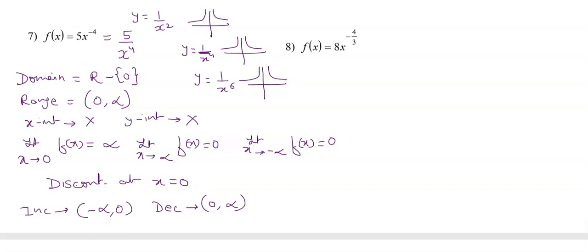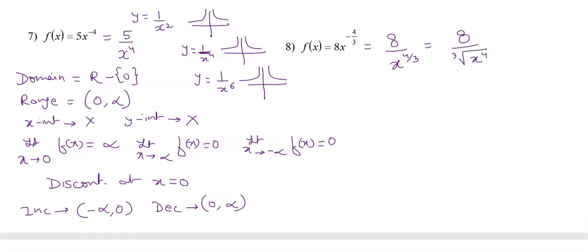First of all, we'll rewrite this function like this. If you can understand, it is 8 over x to the power 4 over 3. A negative power, we can bring down with a positive power. Okay. Now, can we write it like this? Cube root of x to the power 4, right?